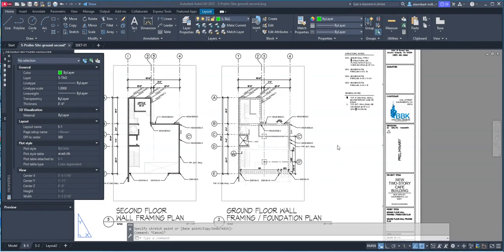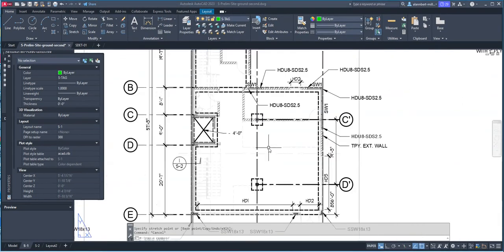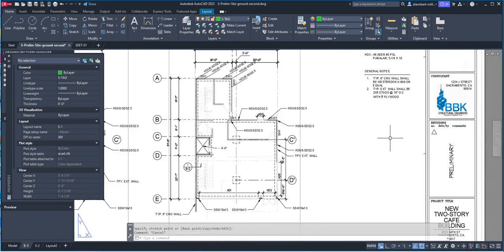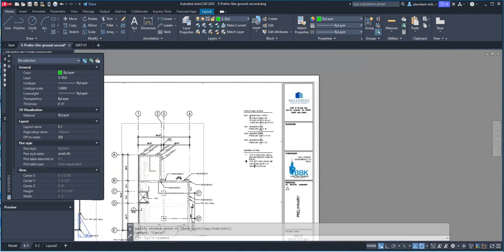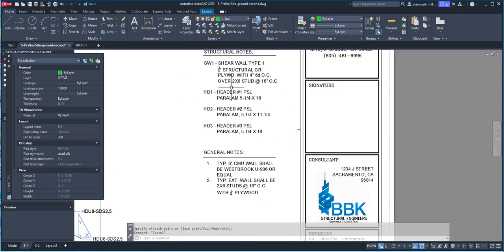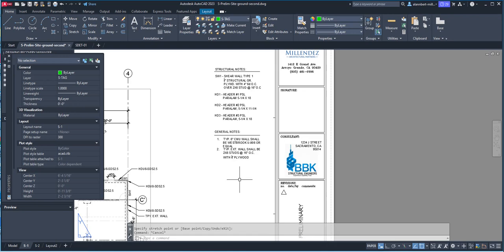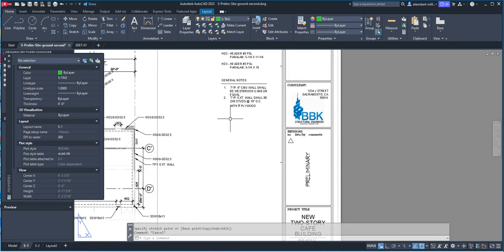So as I said before, we don't need to detail a slab. We can typically do that in notes. So we have general notes here, and we have structural notes. What we could do is add another type of note here about the footing and foundation.